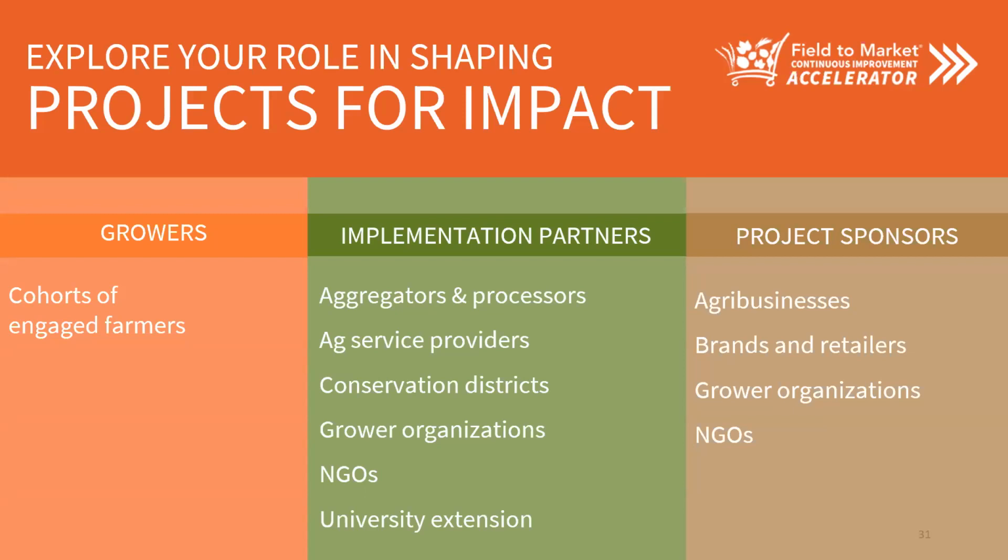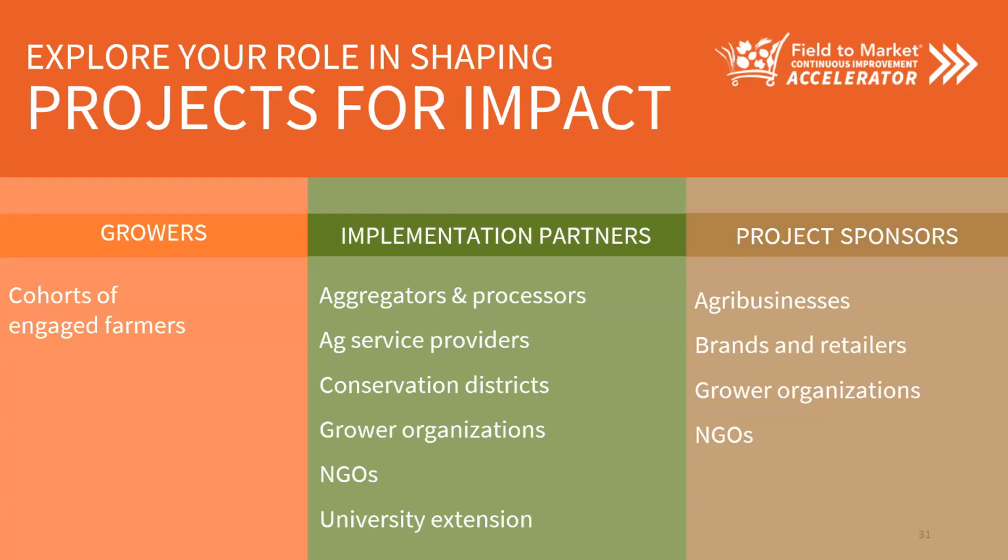You need what we call implementation partners, and that could be universities or NGOs or grower organizations. We have seen a lot of financial companies involved lately, providing incentives or cost sharing or grants to growers. So that's something very exciting that is happening, that is fairly new in terms of actual banks or financial providers engaging in the field to market framework.